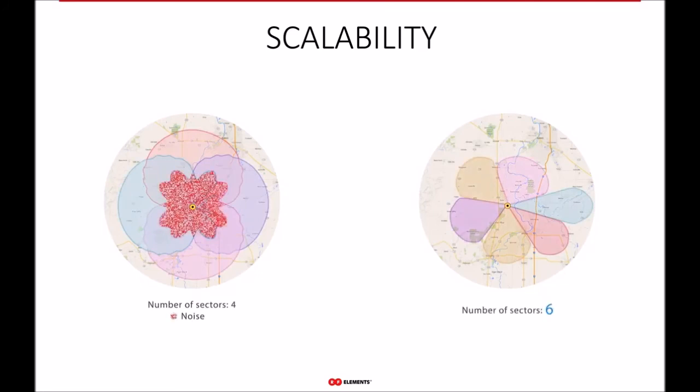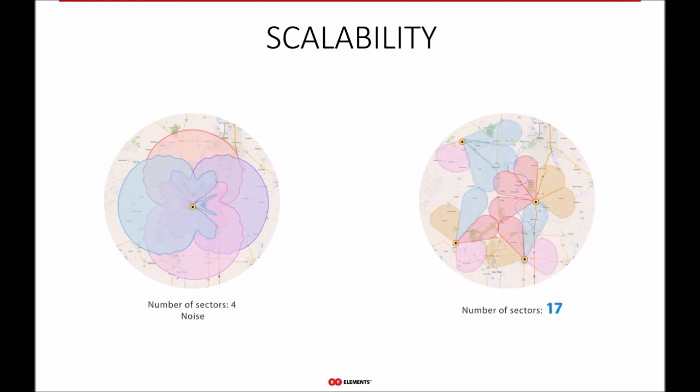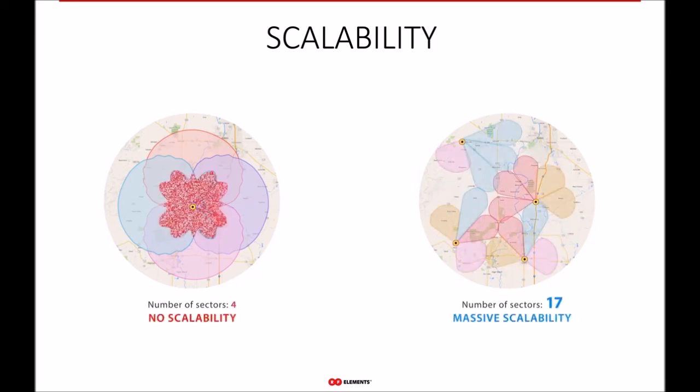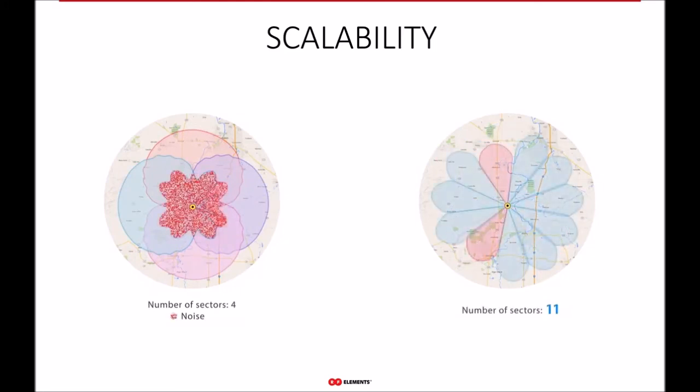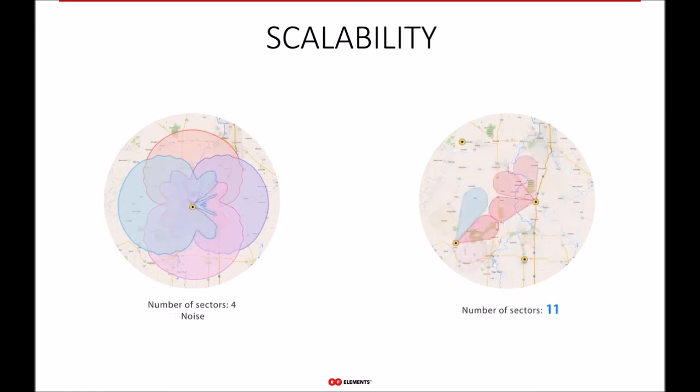Thanks to the horn's properties, there is virtually no limit to your network growth. And that's a really nice thing to have: being able to grow when you need to, and to grow safely, meaning that adding new sectors will not do anything to the infrastructure which is already in place.